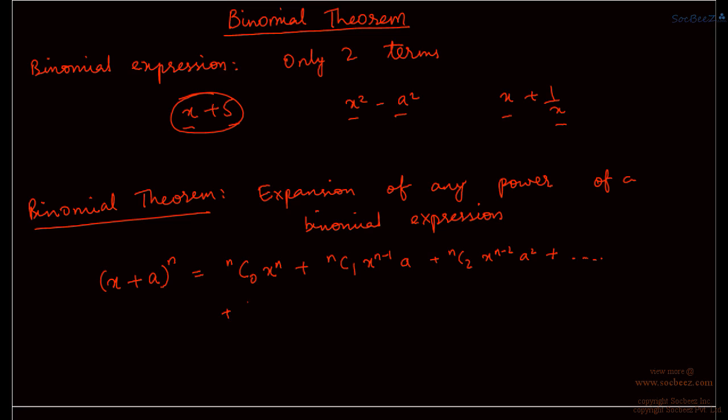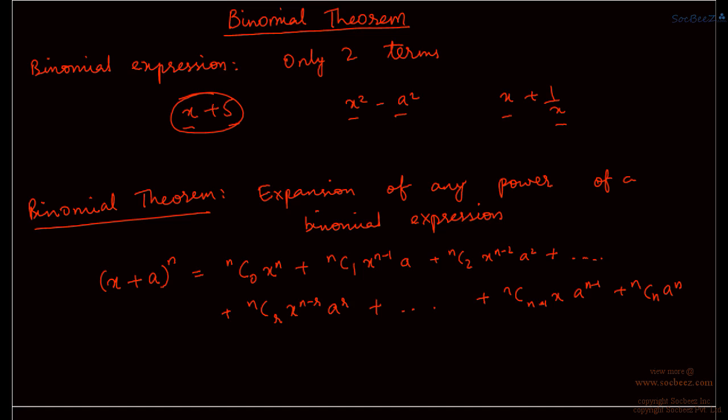I can write some general term as nCr x power n minus r a power r, then again all the way till nC n minus 1 x a power n minus 1 plus nCn a power n. So this is what the binomial theorem states. The binomial theorem states that x plus a raised to the nth power can be written in this form.